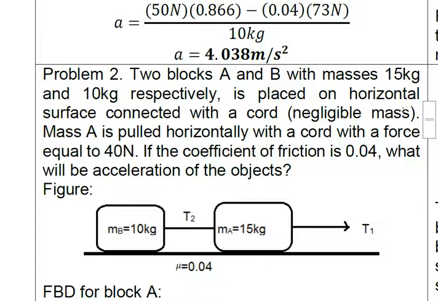The first one, from the left, has MB, and the second one, going to the right, is MA. They are connected by a cord, and the cord is of negligible mass again, so that it will not contribute to the system. Then it is being pulled by a force equivalent to 40 Newton. You also have the coefficient of friction, meaning the system is a non-frictionless system.